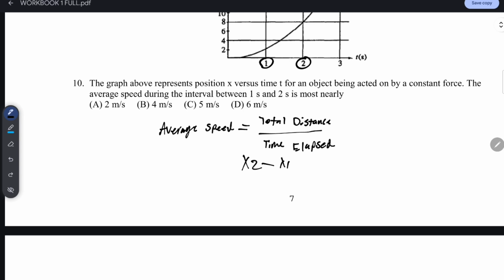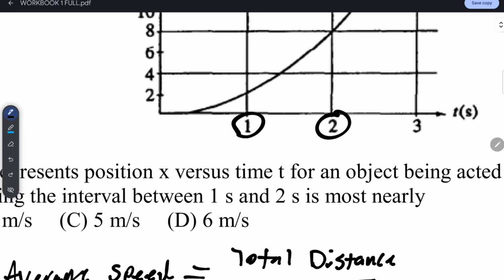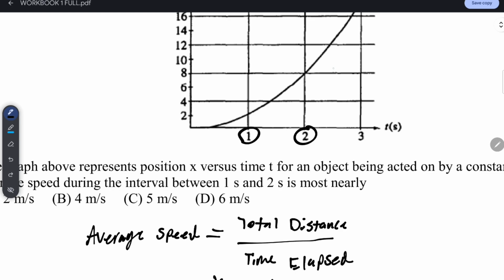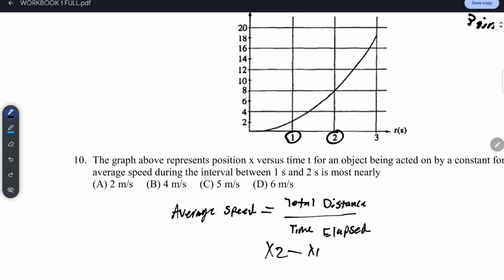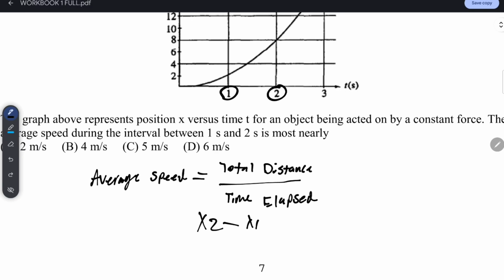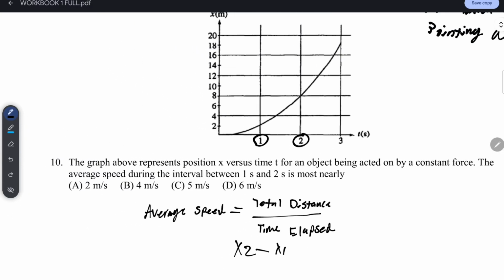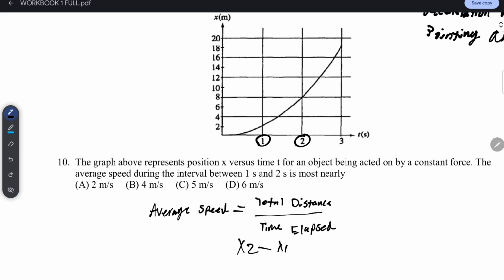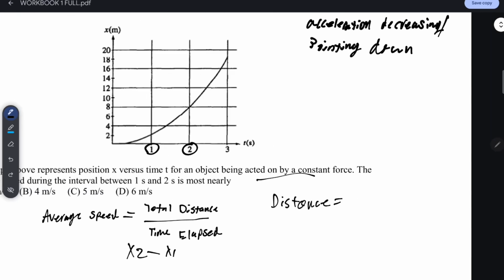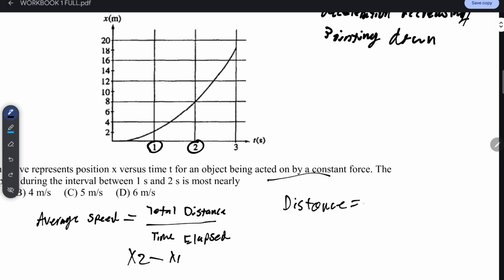Reading the graph, the position at time 1 second is exactly x1, so the distance is equal to 12 meters minus 6 meters, which would just be equal to 6 meters.